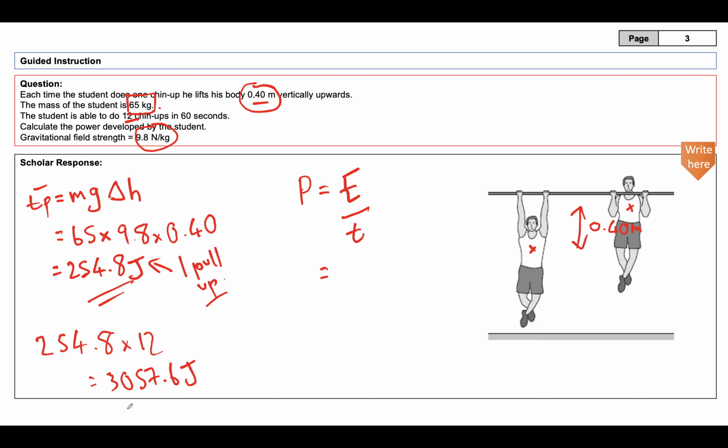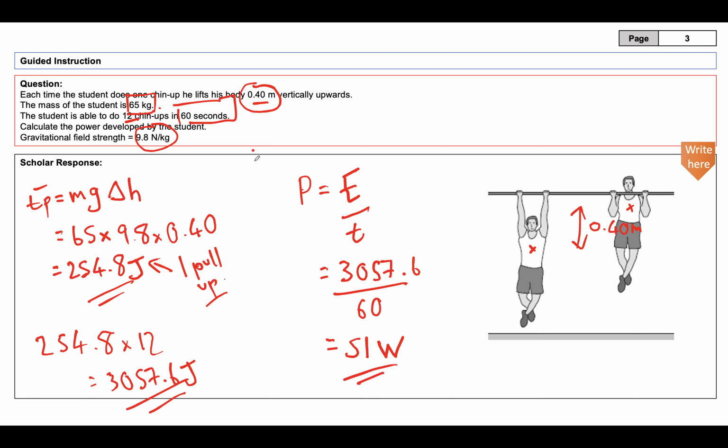So I now know how much work he's done, how much energy, and I also know how long it took him to do it. It took him 60 seconds to do those chin-ups. So I'm going to divide 3057.6 by how long it took, 60 seconds. That gives me 50.96. I'm going to round that to 51, and its power, so the units will be watts.